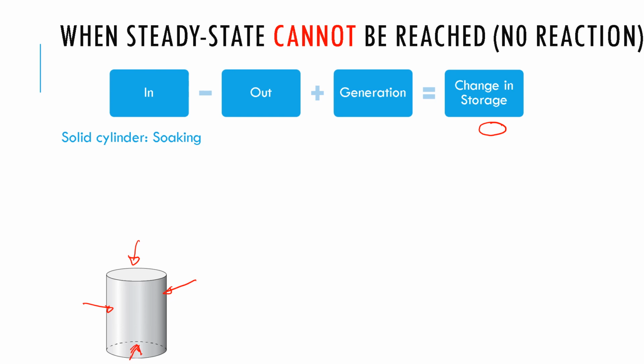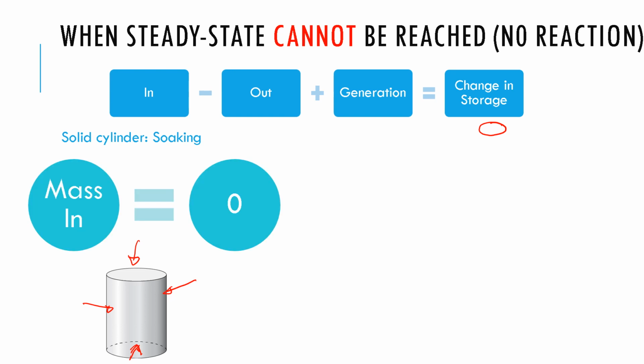In order for this situation to reach steady state, this has to be satisfied because there's only coming in, no out term and no generation. We are doing the situation when there is no reaction or no generation term. So then this equation has to be satisfied to reach steady state, which of course is not possible because a positive term on the left hand side cannot equal 0.